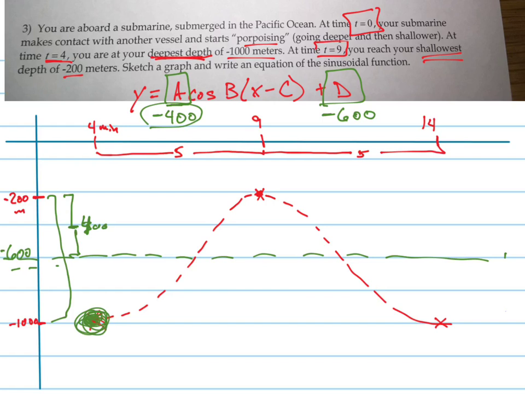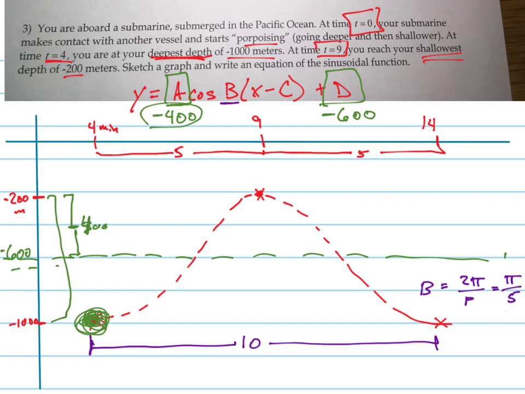Now our shift, well, let's do our period first. The B has to do with the period, right? So our period, like we mentioned, is a total of 10 minutes or seconds, whatever that is, 10 units. So B equals 2 pi over the period, which equals 2 pi over 10, which is pi over 5.